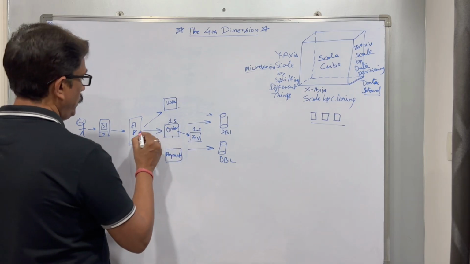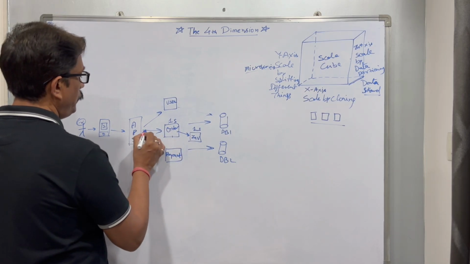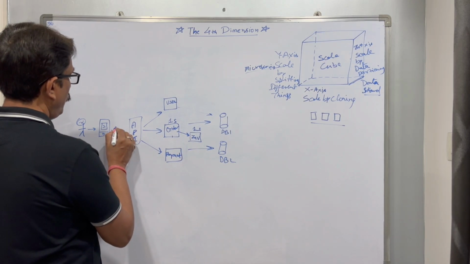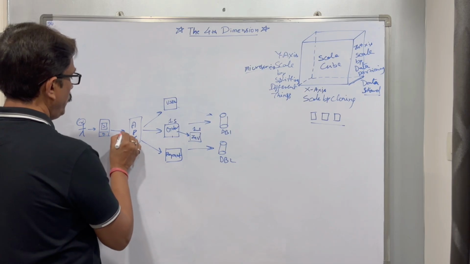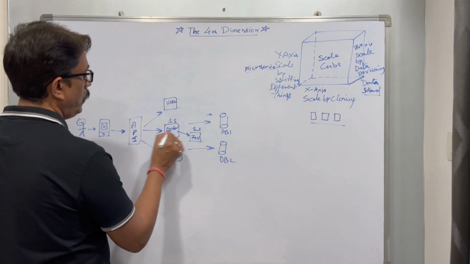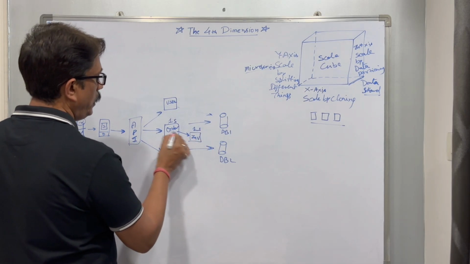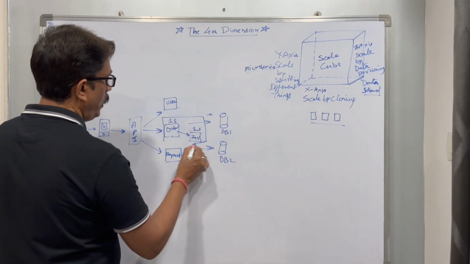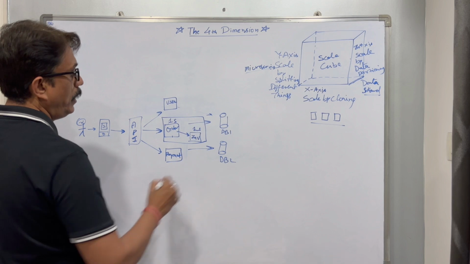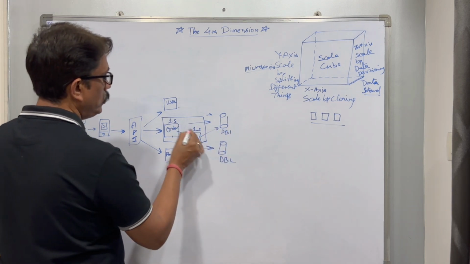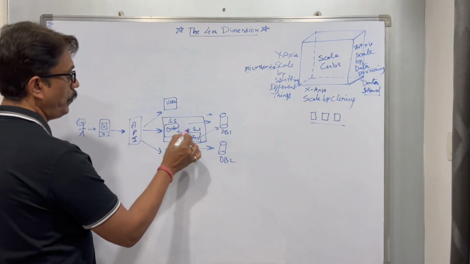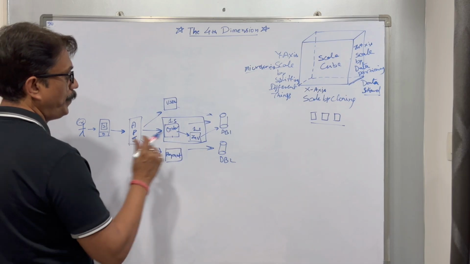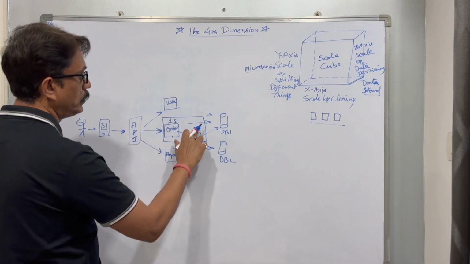Now this request is going from here to here to here and then returning. How much time will it take? It will take around 2 seconds, because the request will come here and then it will return the response.